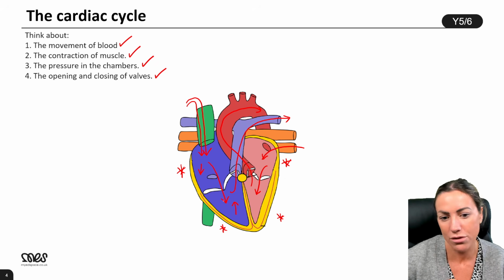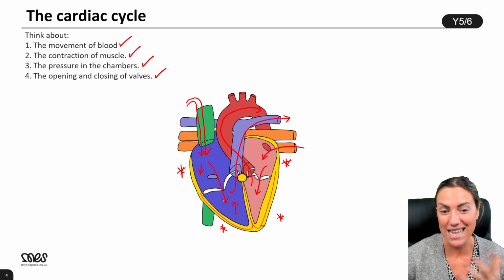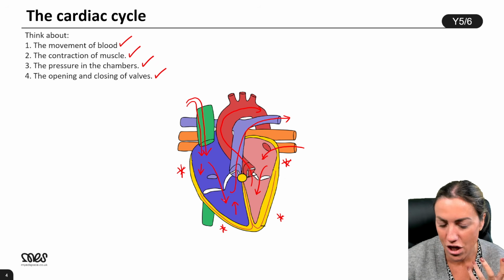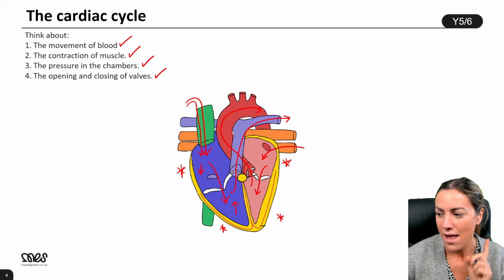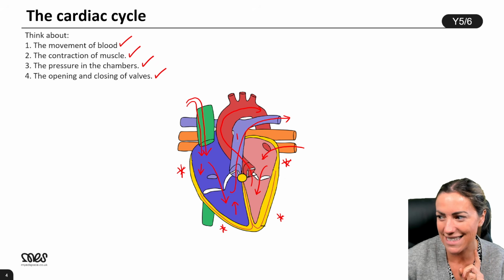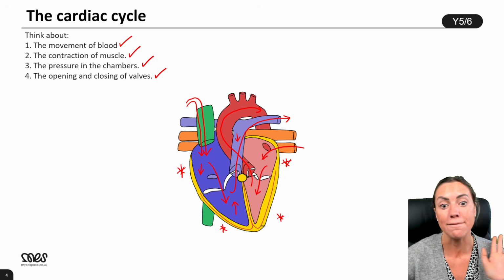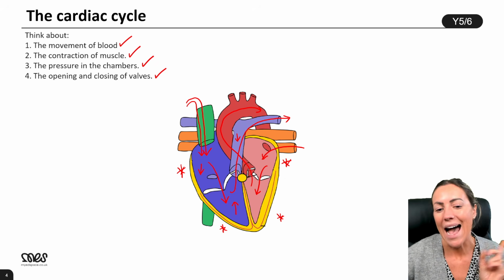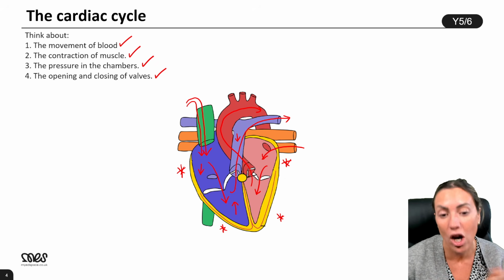And then the ventricles contract, ventricular systole, the pressure increases even further. And now the pressure in the ventricle exceeds the pressure in the artery. So the semilunar valve is forced open. And as the ventricles contract, because the semilunar valve has been forced open, the blood will flow from the ventricle into the artery.